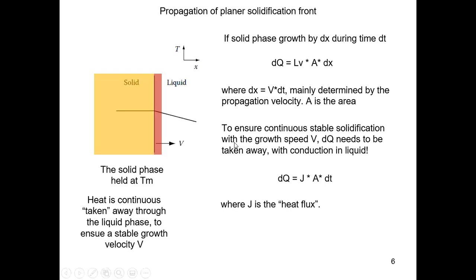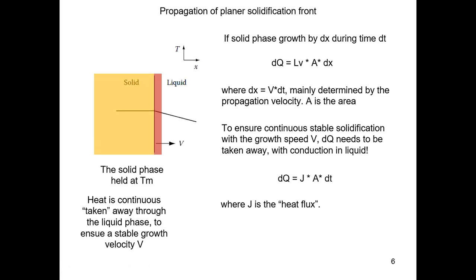But anyway, if we agree that in this system the heat is taken away by conduction, then there will be a heat flux, which we can define as the amount of heat taken away through a unit area per unit time.